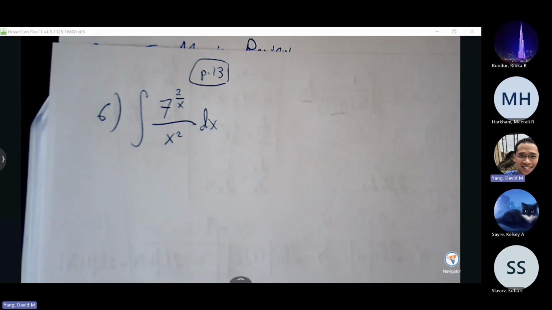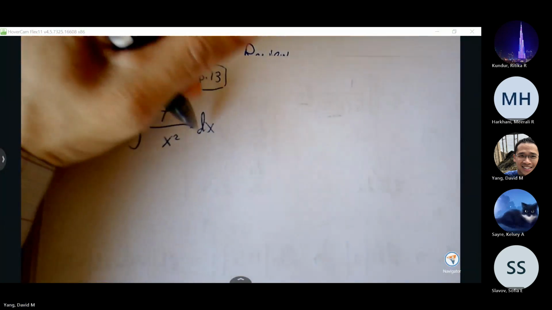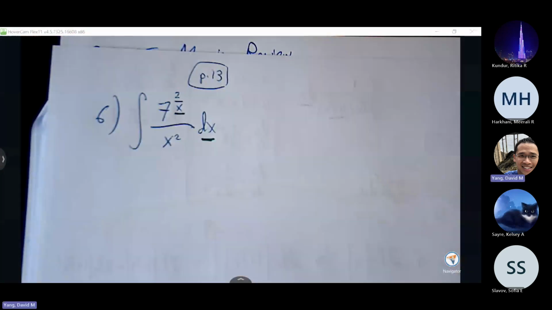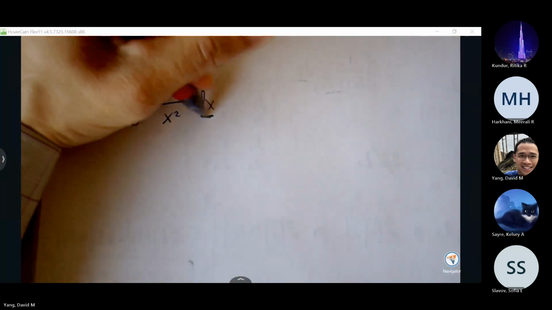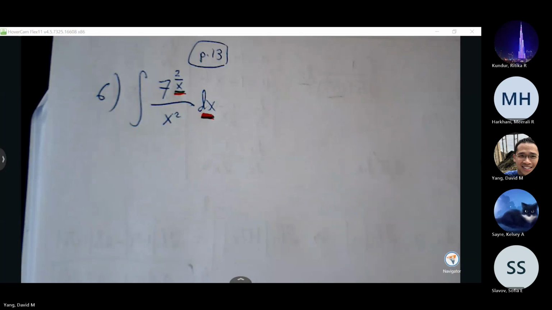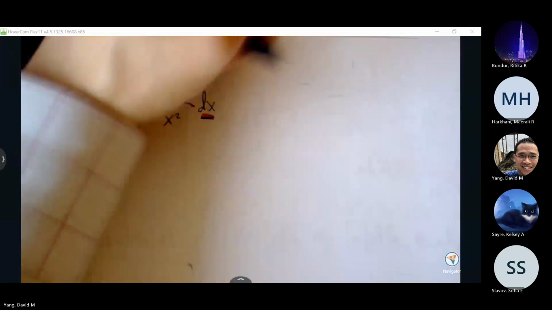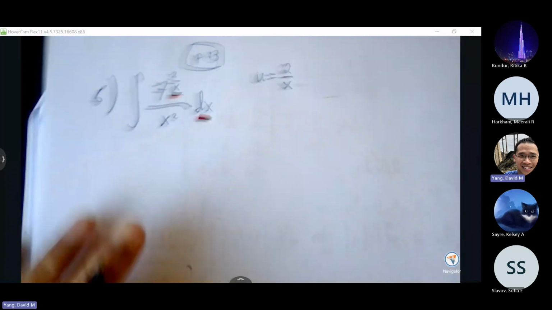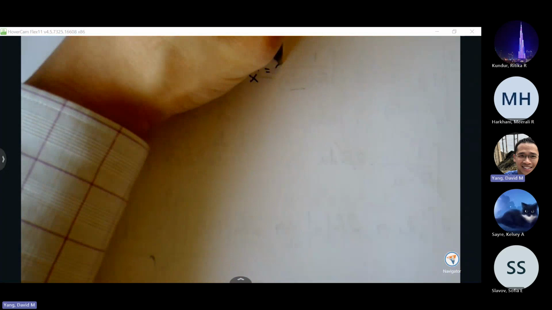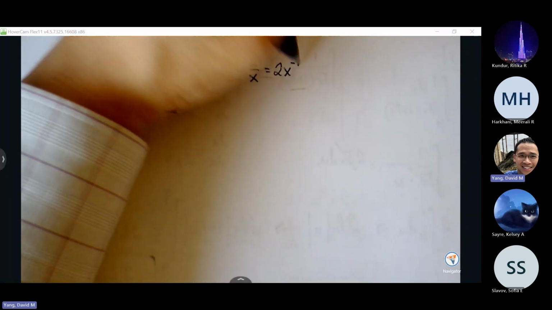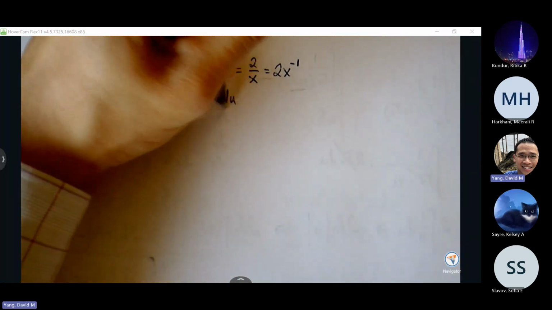Okay, so we're focusing on the exponent here. Okay, 2/x can be rewritten as, right? Okay, then we can do power rule.